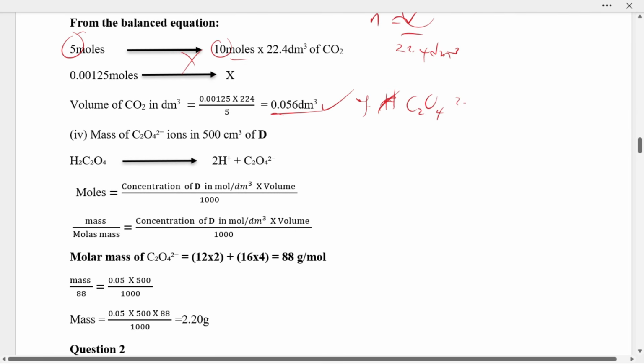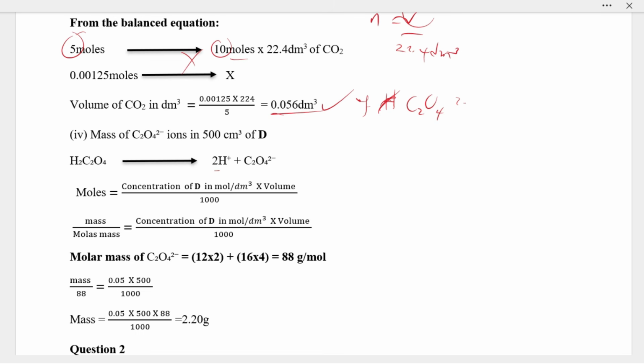What is the mass of C2O4²⁻ ions in 500 cm³ of C? The same formula will be used. Number of moles is equal to CV over 1000, but your mole can also be substituted with mass over molar mass. We are looking for mass.